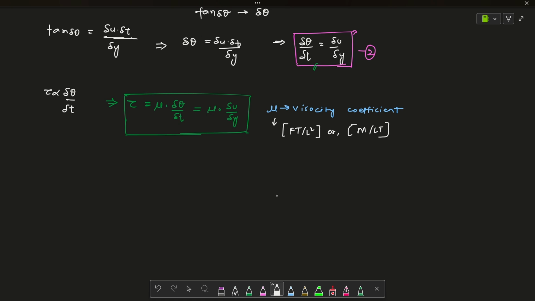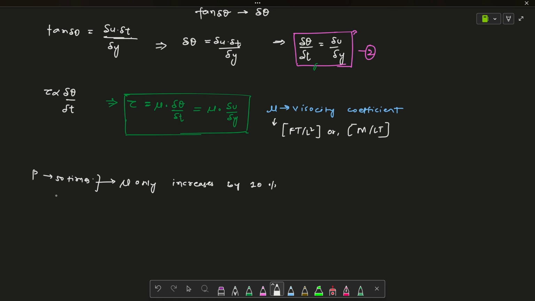For example, if we increase pressure from 1 to 50 atm, that is 50 times, the viscosity only increases by 10%.